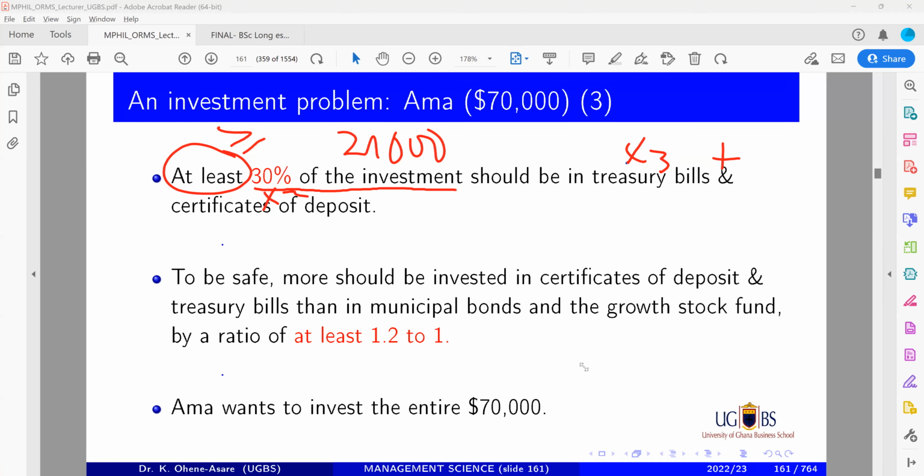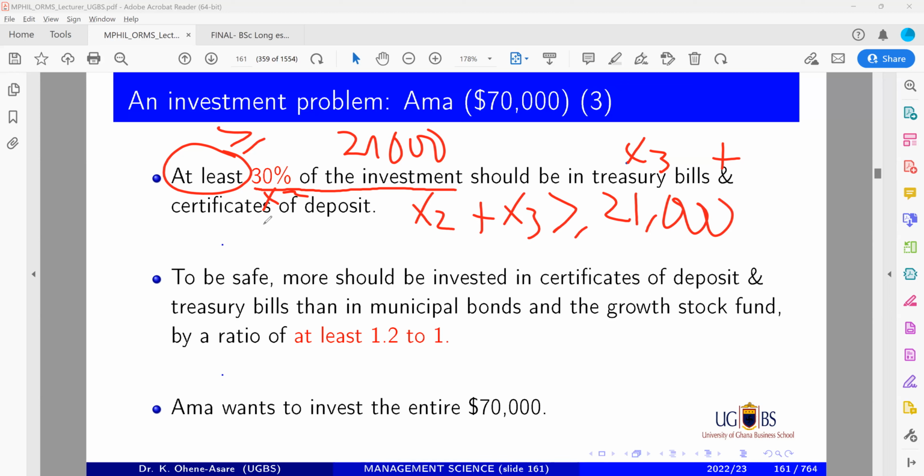Okay, sir. So since we have the CD to be X2 and the TB to be X3, it is X2 plus X3 greater or equals to 21,000. Perfect. This is your constraint.